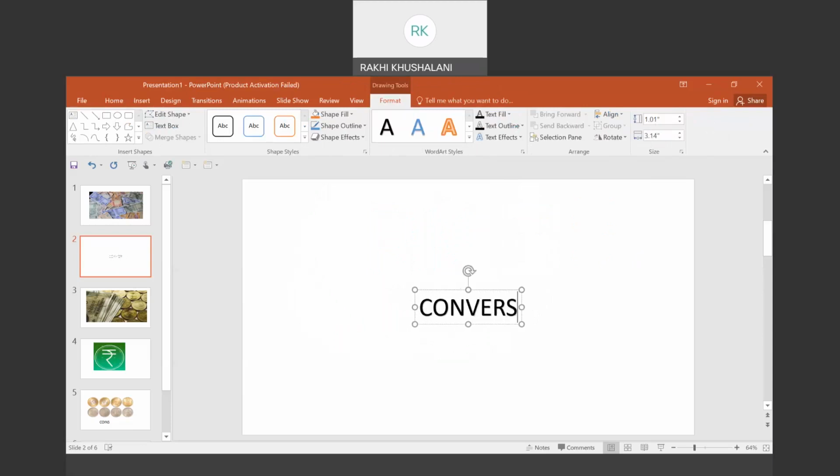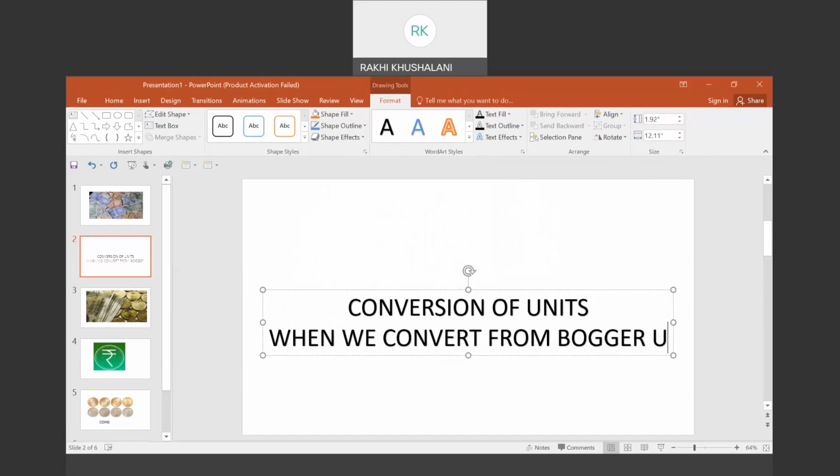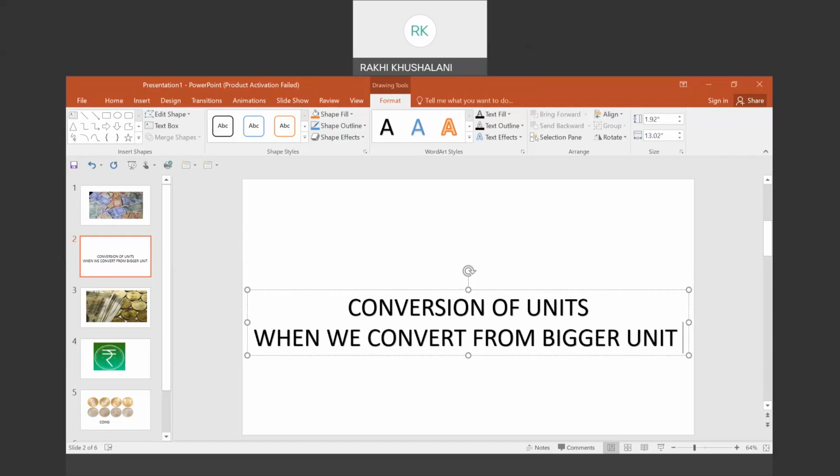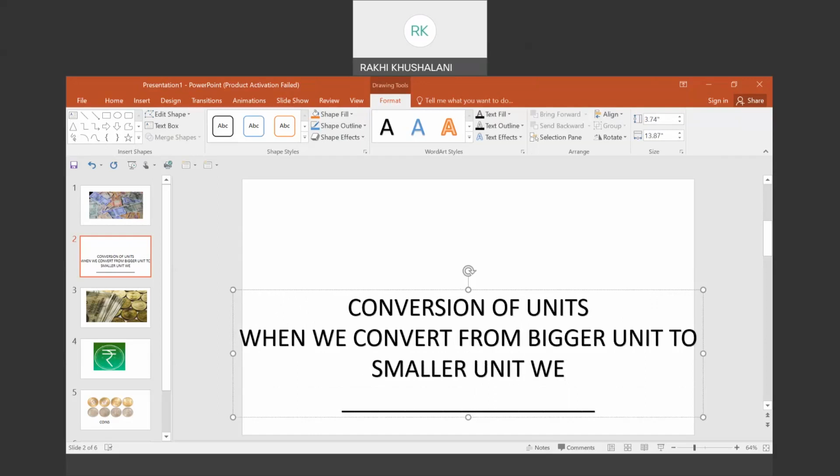Conversion of units, when we convert from bigger unit to smaller, what do we do?